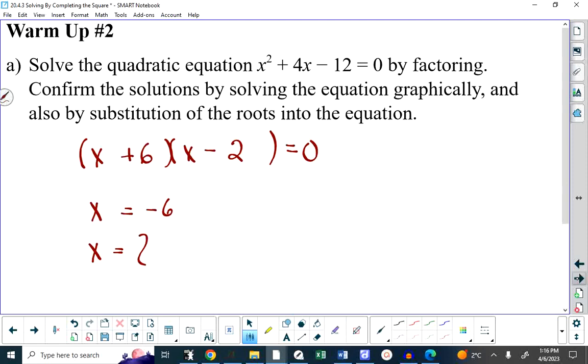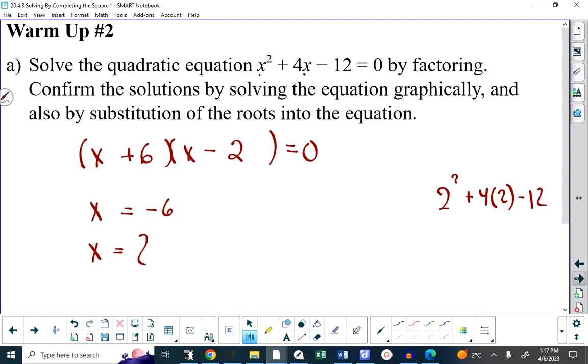Let's just do a quick check. If I were to put 2 here and here, you can check it in your calculator. 2 squared is 4. I'll just show my thinking here. 2 squared is 4. 4 plus 8 is 12. 12 minus 12 is 0.